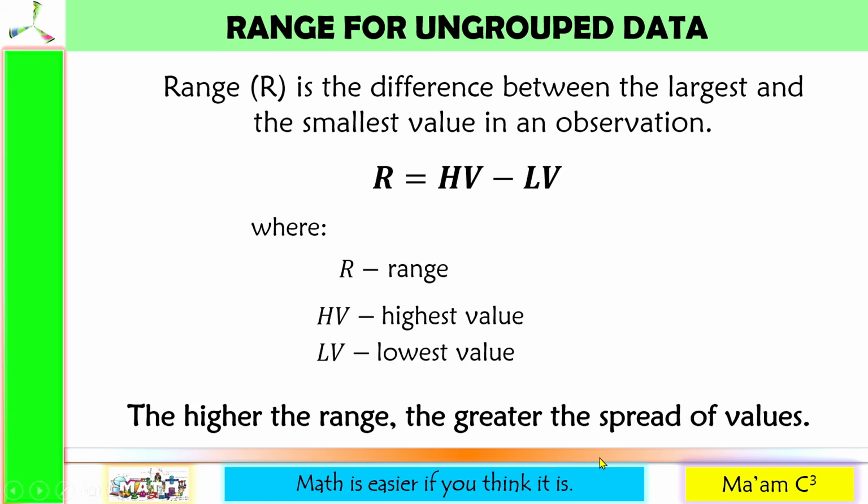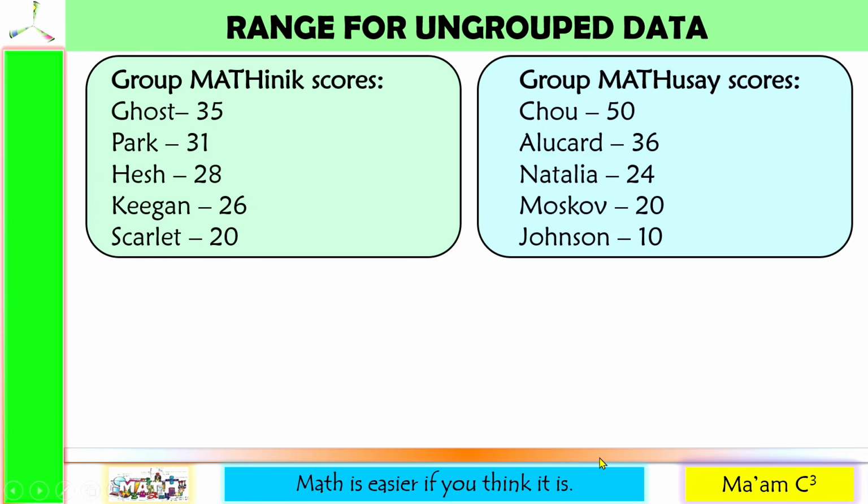Let us recall the scores of the two groups earlier. We have here the group Matinik. For the range, that would be R is equal to HV minus LV. Again, HV is the highest value, and here it is 35, minus LV, the lowest value, is 20. 35 minus 20 is equal to 15.